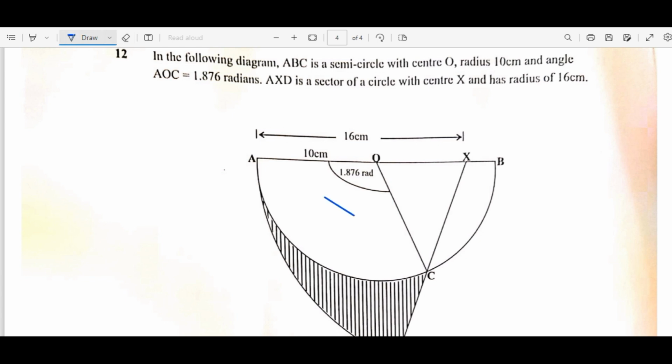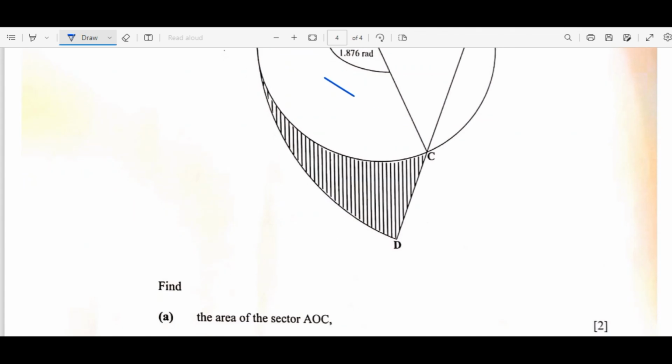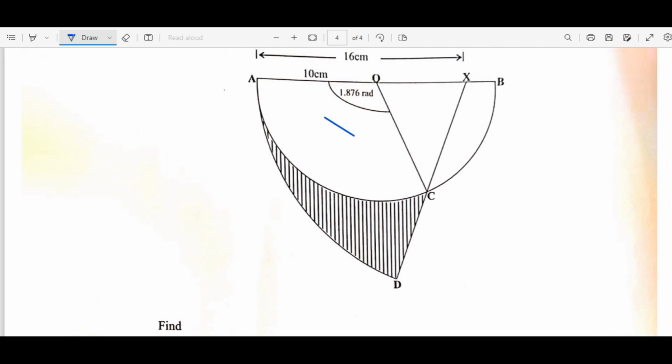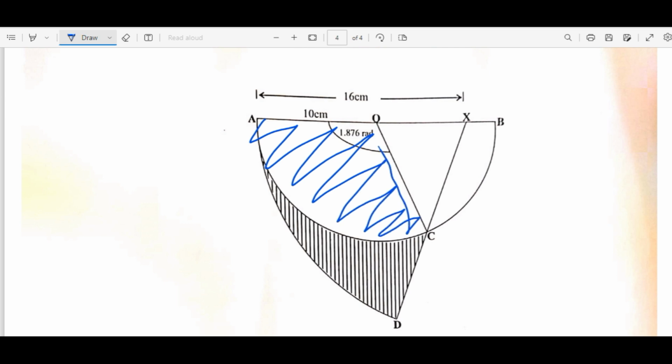So let's look at the first question. The first question was find the area of the sector AOC. So how can we find the area of this sector AOC? I'm going to shade the sector so that you are able to see the sector whose area we are looking for. So this is the area that we are looking for.